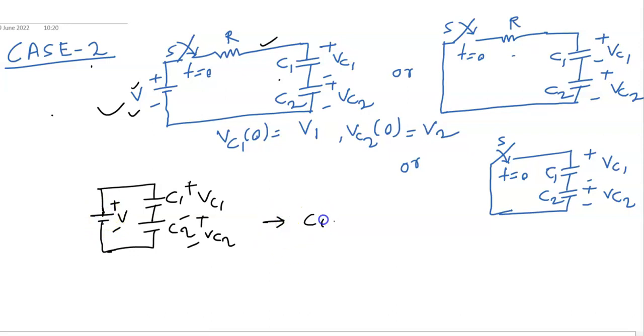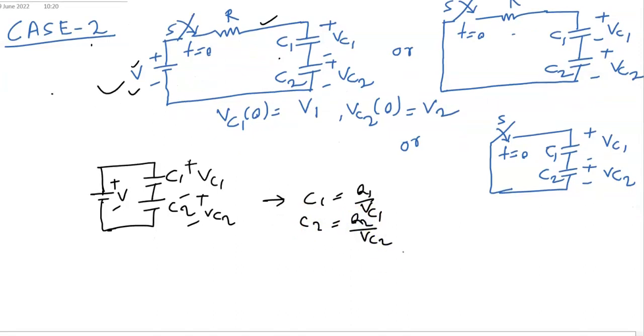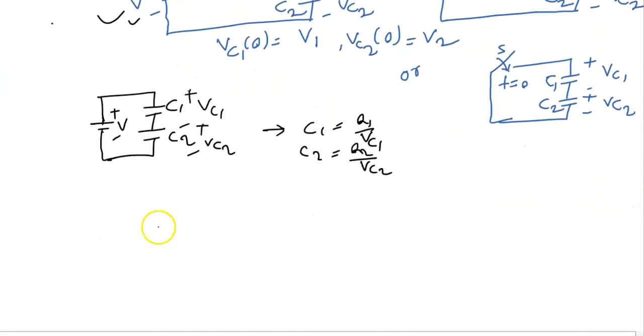We know that C1 equals Q1 upon Vc1, and C2 equals Q2 upon Vc2, right? So we have C1 upon C2 equal to Vc2 upon Vc1.